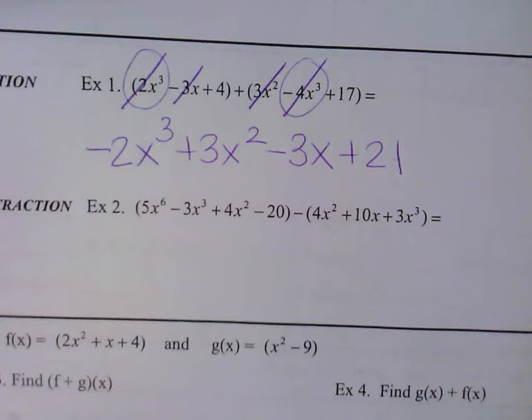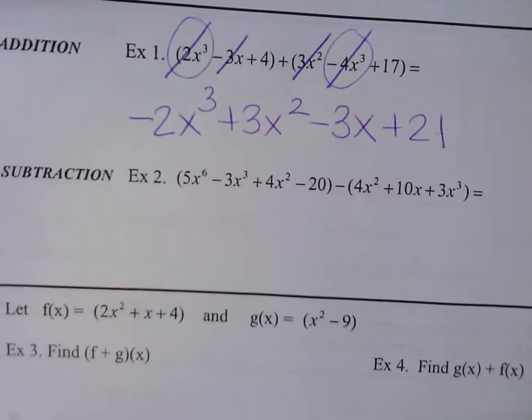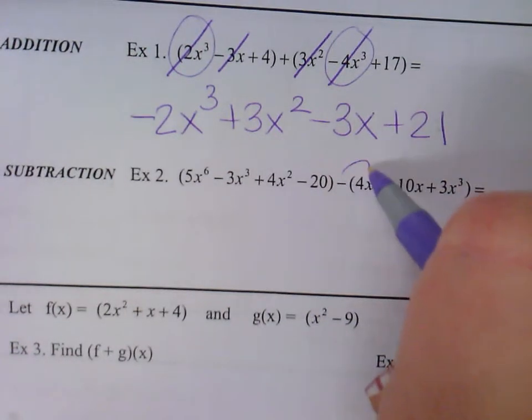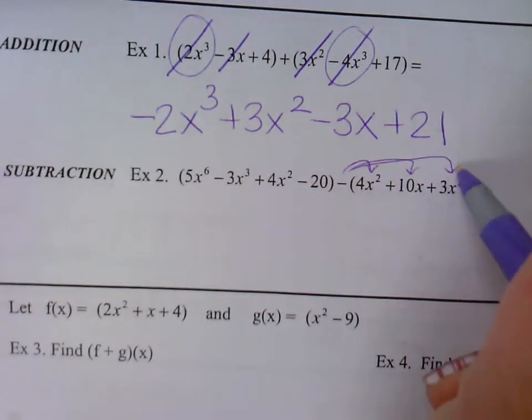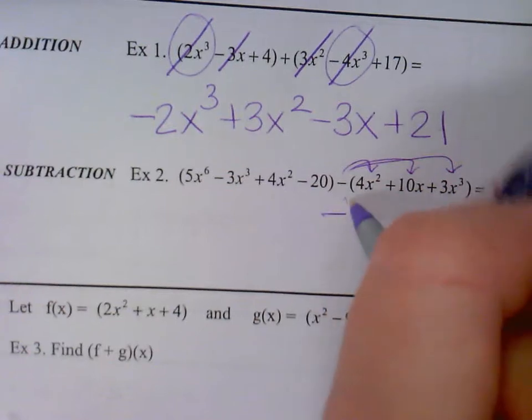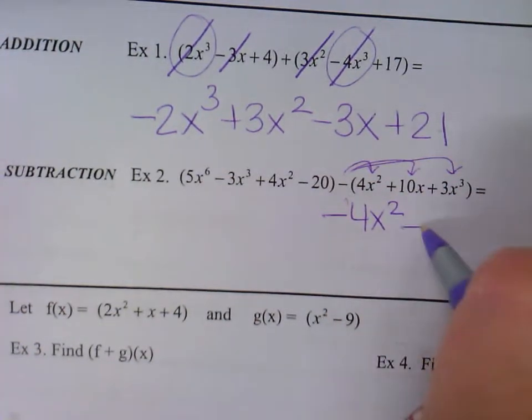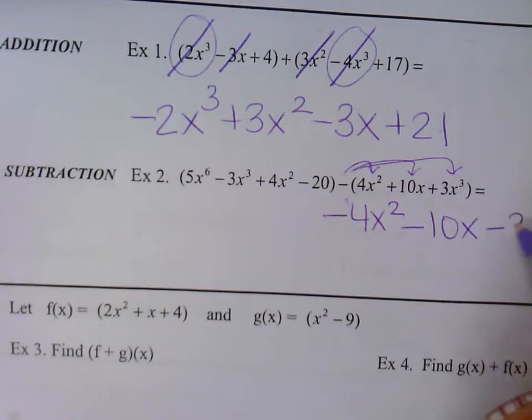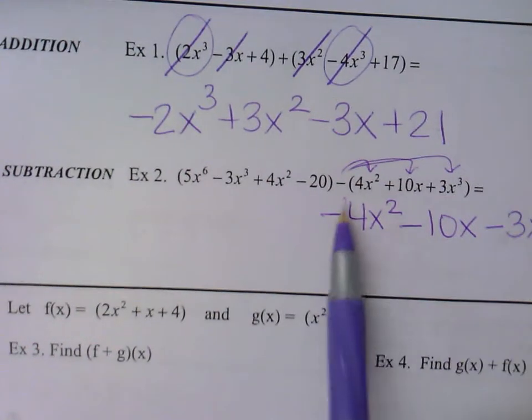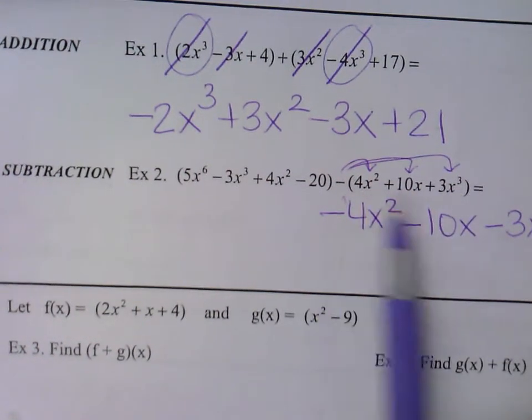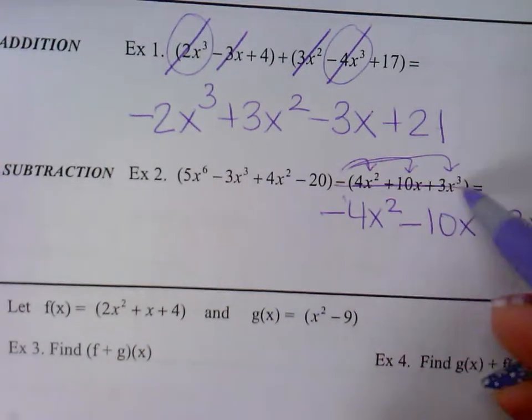So we're going to do the same thing with subtraction, but before you start, I highly recommend distributing a negative sign. So I'm going to write this as negative 4x squared minus 10x and minus 3x cubed, because all of them were positive. So I'm changing all of them to a negative. I'm just going to write that underneath.